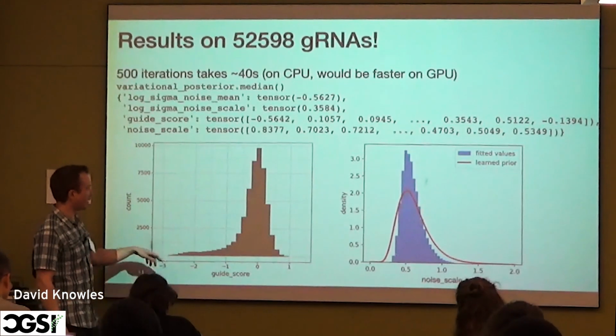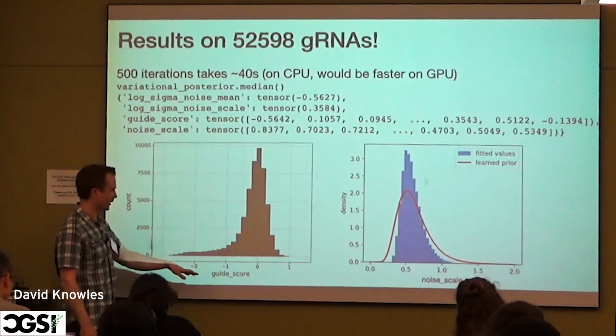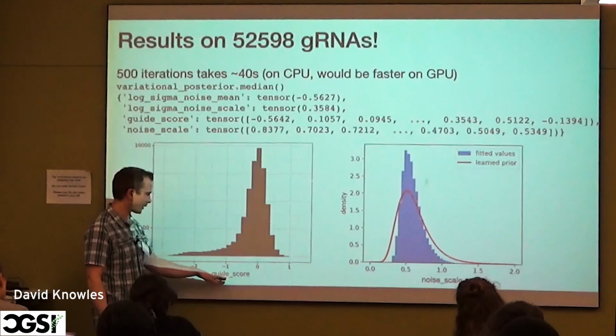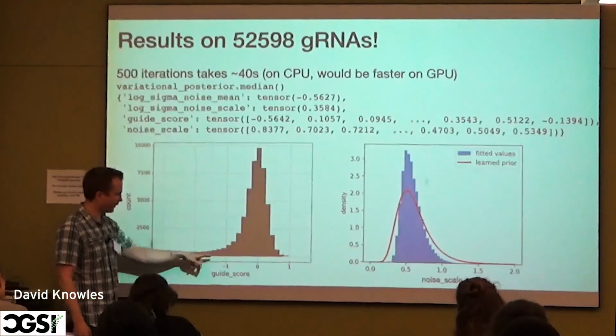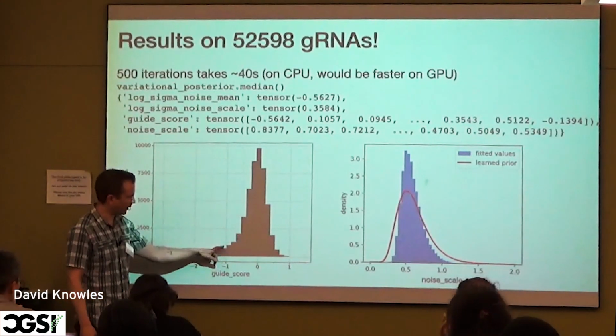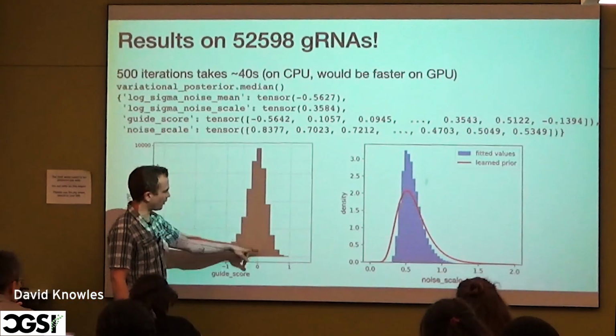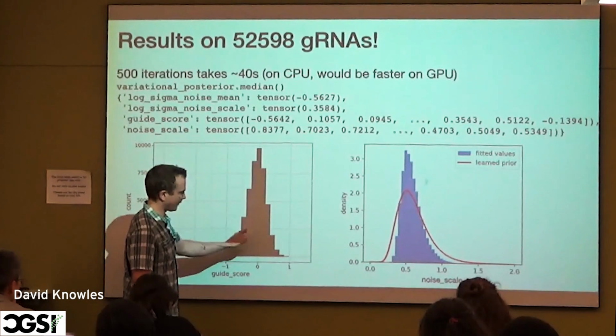So you can see across the 50,000 guide RNAs, these different guide scores. The ones that are large negative values are the ones that are really working well. These are all ones that are not working, if at all.